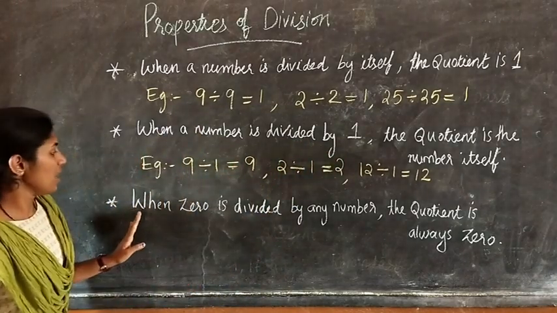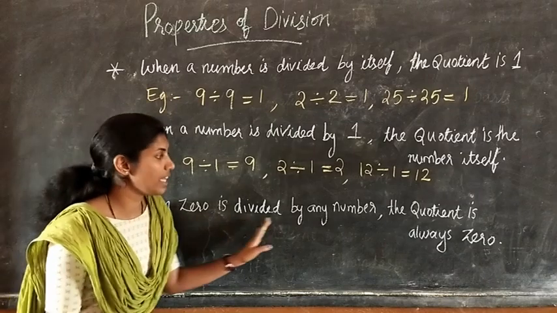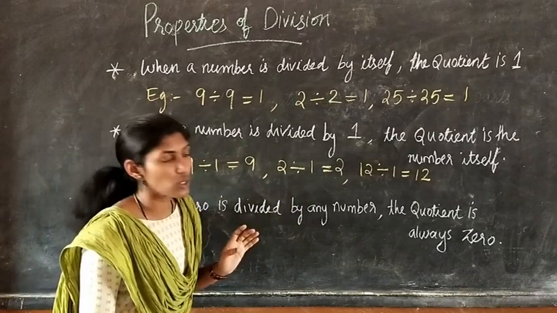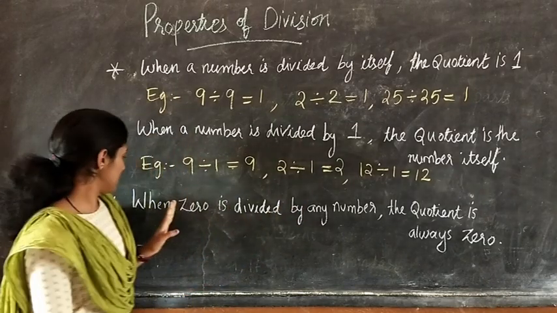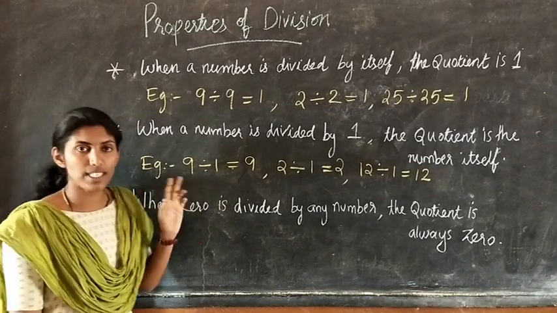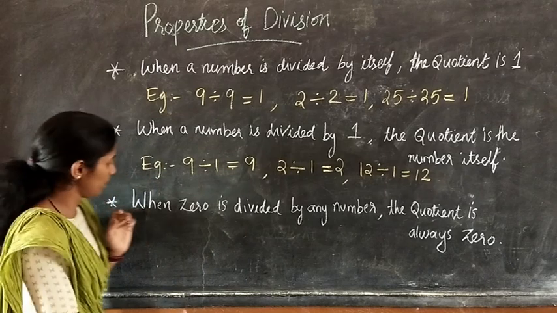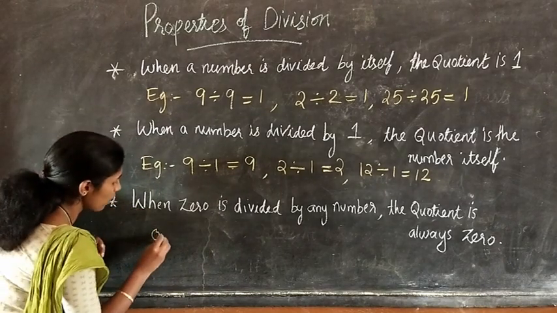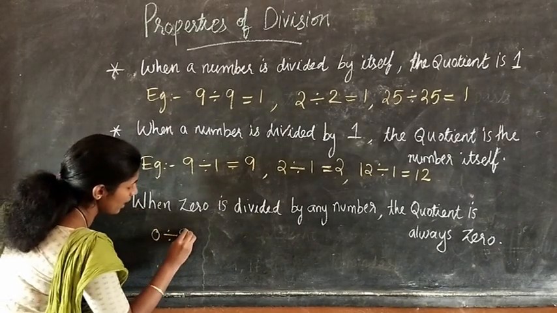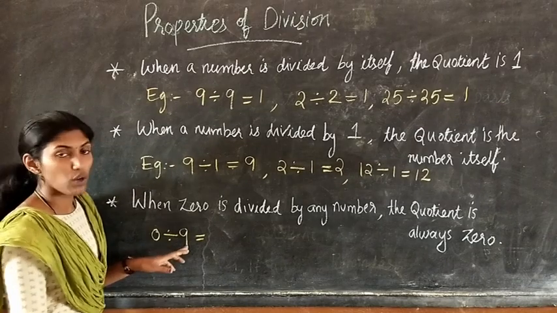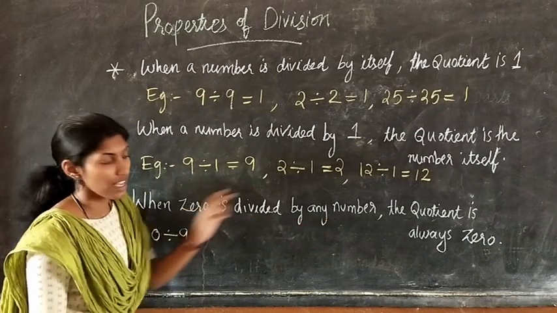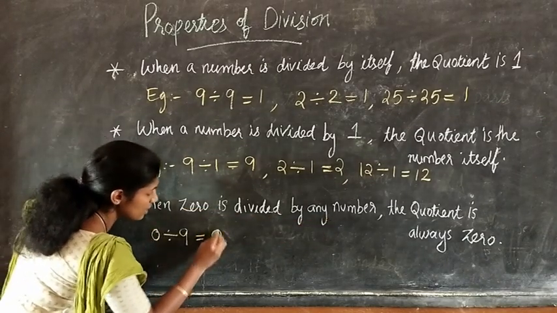And last property, when 0 is divided by any number, the quotient is always 0. Once again, when 0 is divided by any number, the quotient is always 0. That means 0 divided by 9. What will be the quotient? Yes, quotient is always 0. Therefore, our answer is 0.